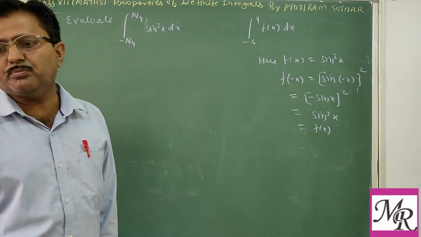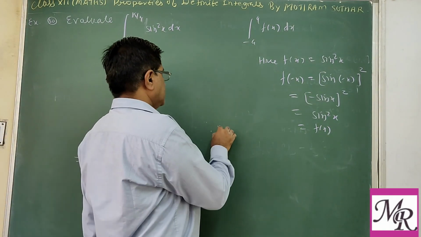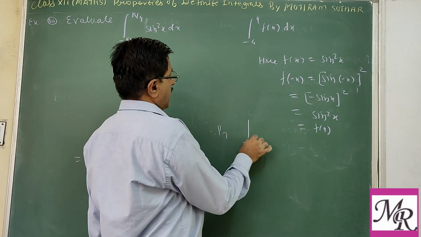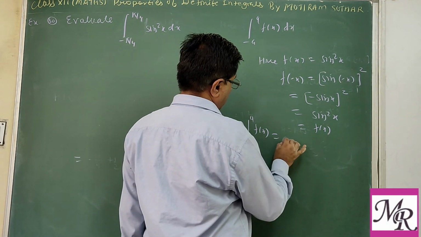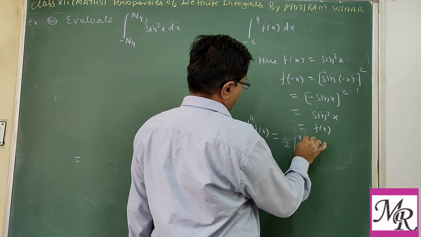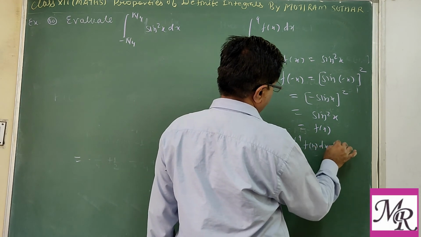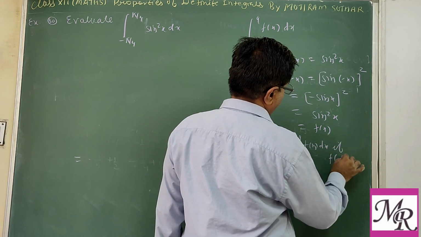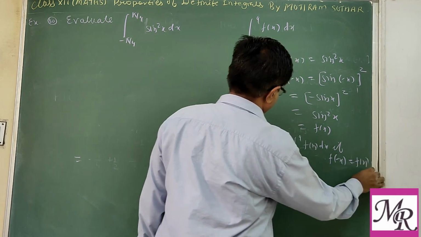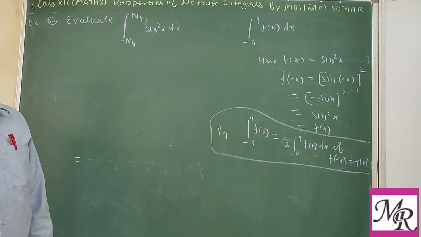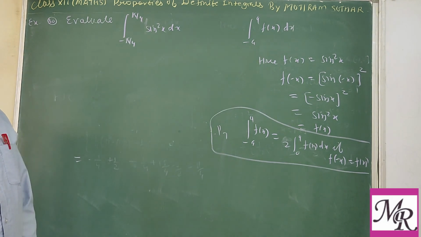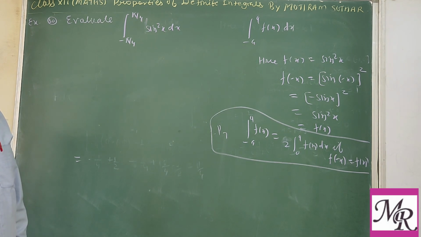So we have property P7. What does P7 say? The integral from minus a to a of f(x) dx equals twice the integral from 0 to a of f(x) dx, if the function is even.